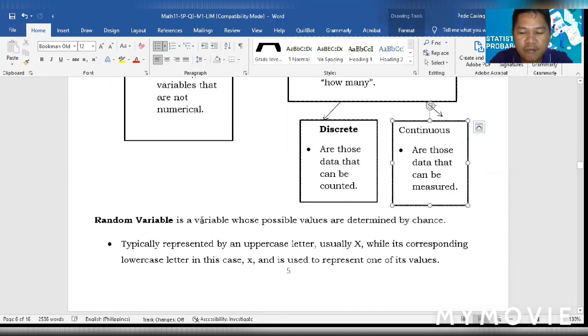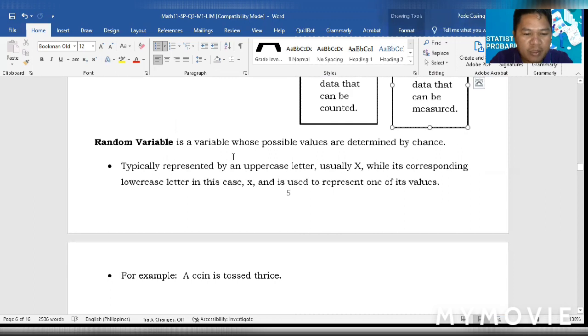So what is a random variable? A random variable is a variable whose possible values are determined by chance, typically represented by an uppercase letter, usually X, while its corresponding lowercase letter, x, is used to represent one of its values. So the capital X represents the total number, for example, the total number of students or number of heads.